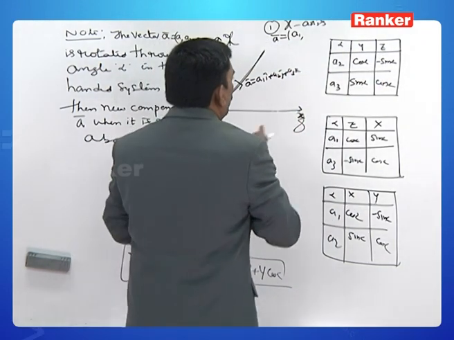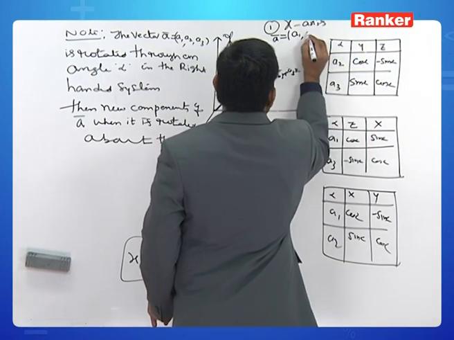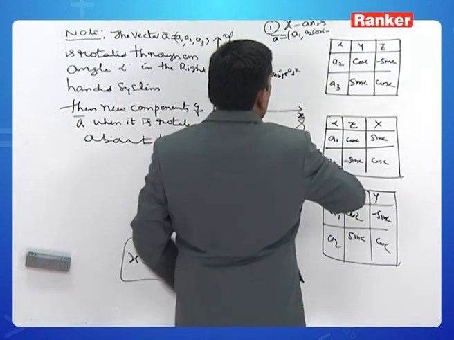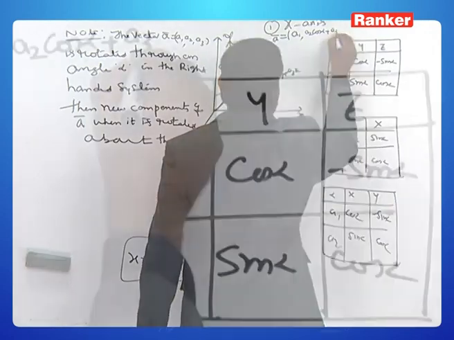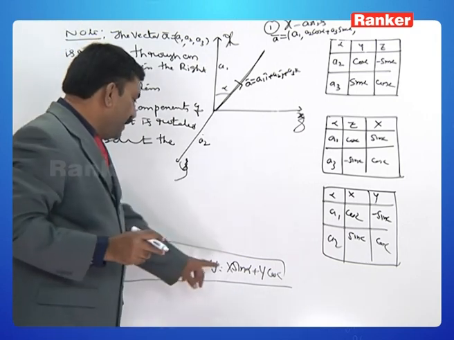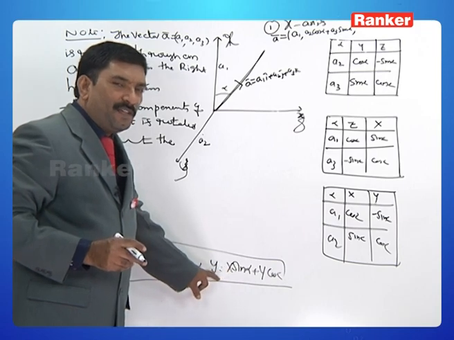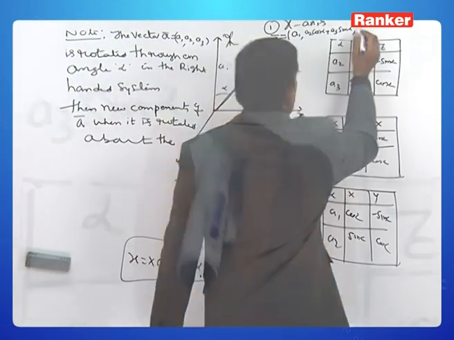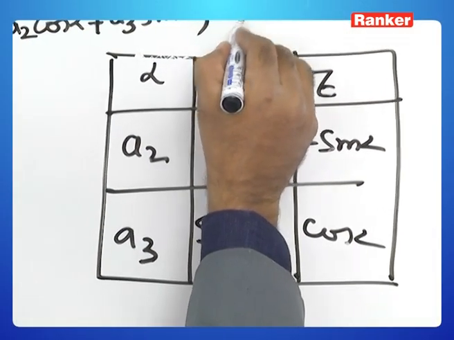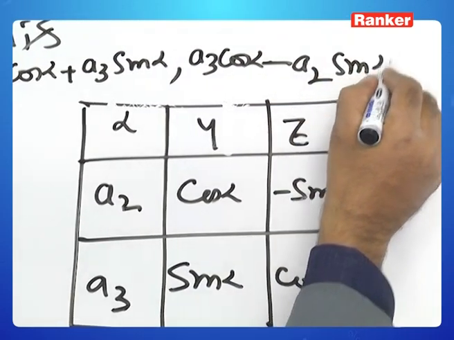So therefore, a1 is equal to, now the y component is equal to a2 cos alpha plus a3 sin alpha. You see, the x is not changing. So next the z component is equal to a3 cos alpha minus a2 sin alpha.